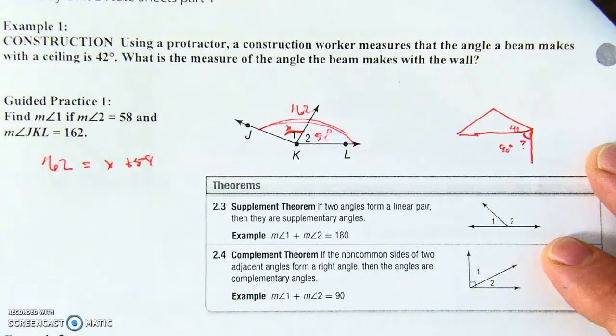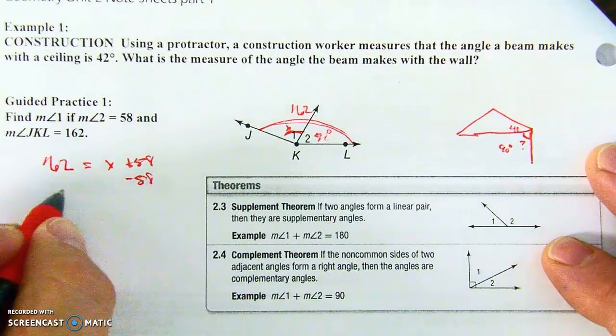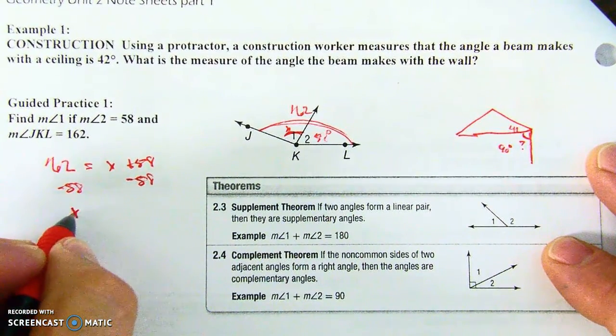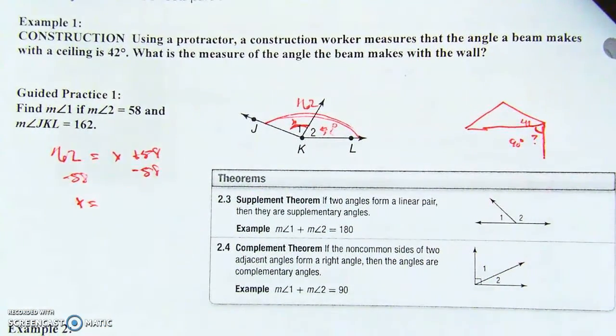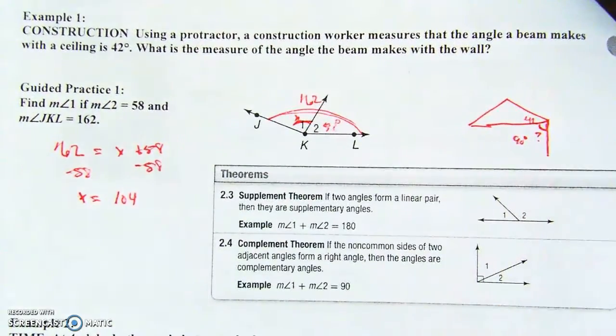Then we use our properties by subtracting 58 from both sides, and we get x equals 104, I think, would be our answer. I didn't use my calculator for that part. Okay, we're going to stop there.